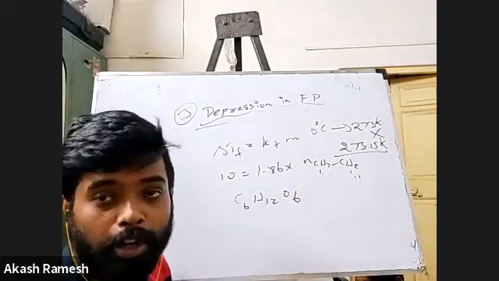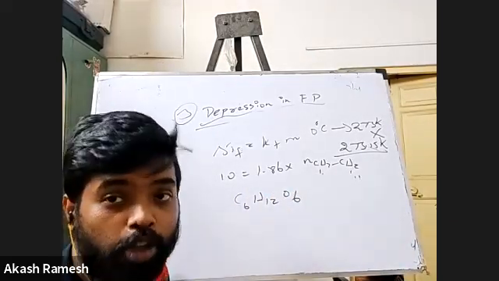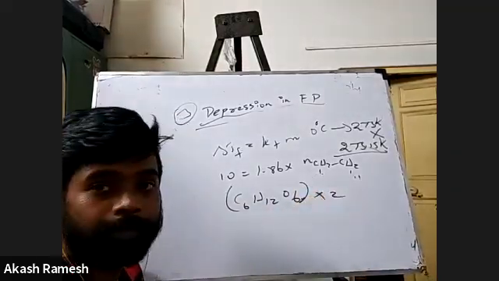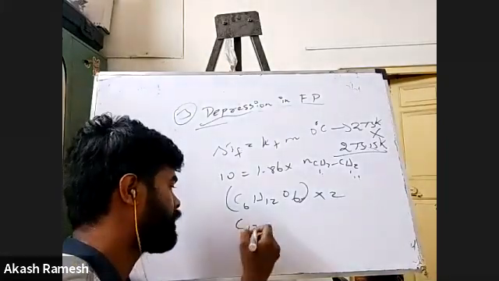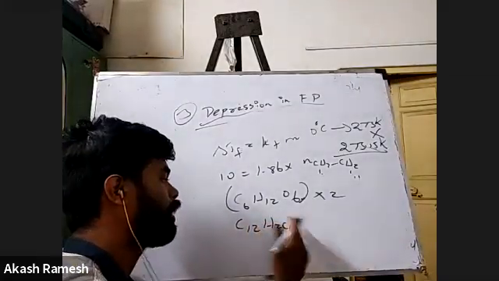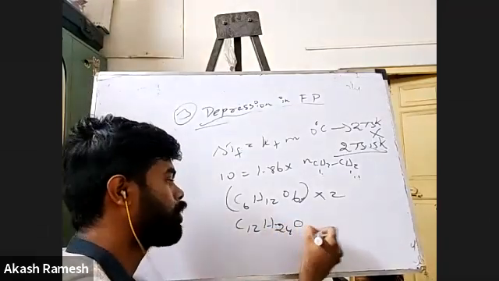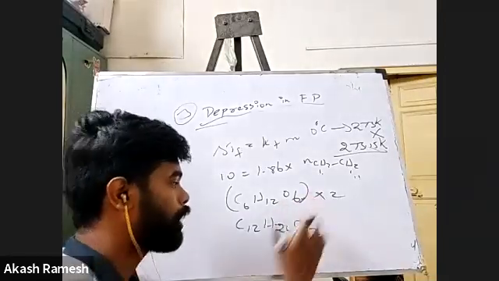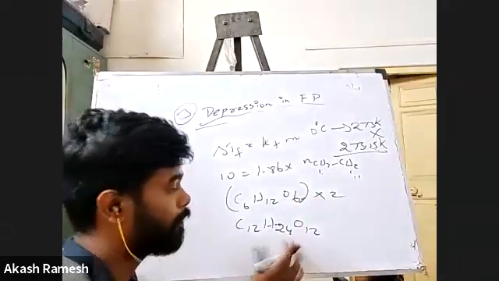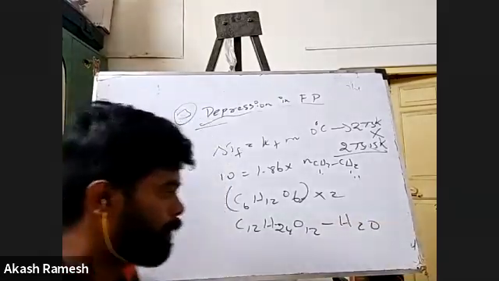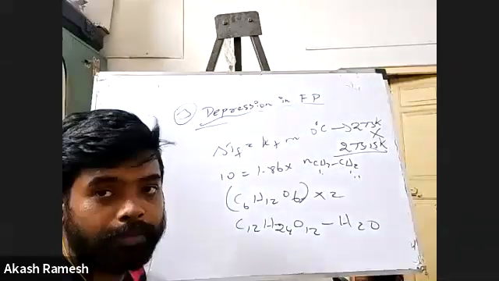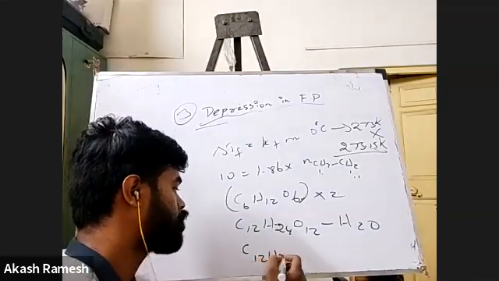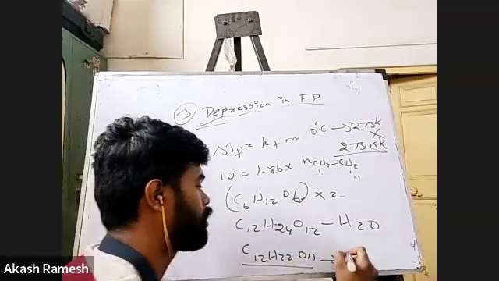Now, what you do for sucrose is you multiply this by 2. So what will you get? C12H24O12. Now once you multiply this, it's not exactly double of that. From this, you remove H2O, that means 2 hydrogens and 1 oxygen you remove. So what will be there? C12H22O11. This is what it is.